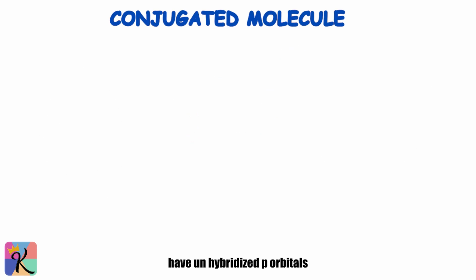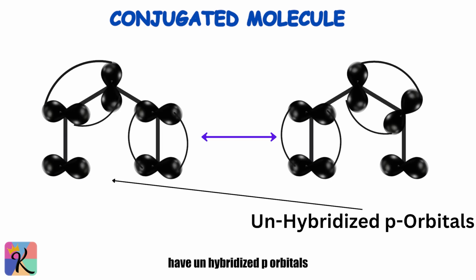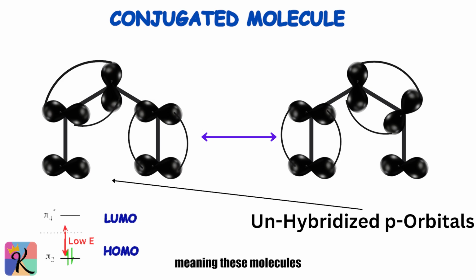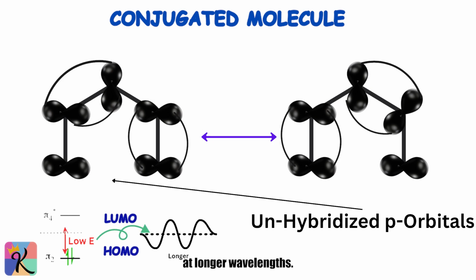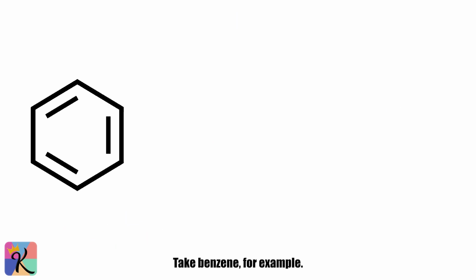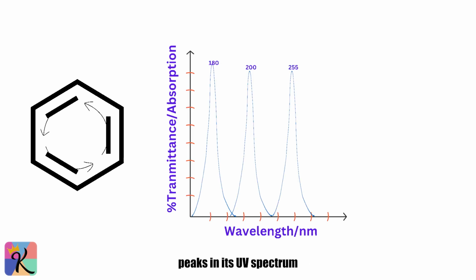Conjugated molecules have unhybridized p orbitals that allow for the delocalization of electrons across multiple adjacent atoms. This delocalization reduces the energy gap between the HOMO and LUMO, meaning these molecules can absorb light at longer wavelengths. Take benzene, for example. It's a classic case of a conjugated molecule with three broad absorbance peaks in its UV spectrum at around 180, 200, and 255 nanometers.